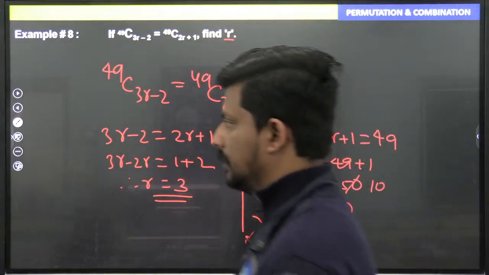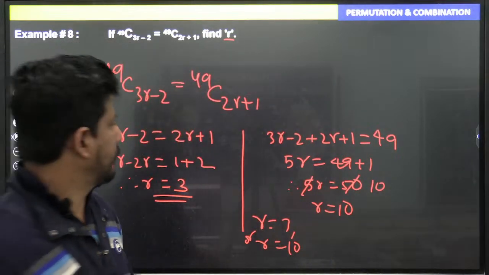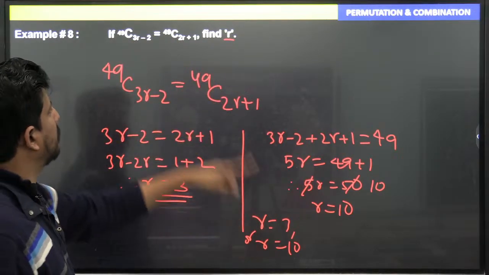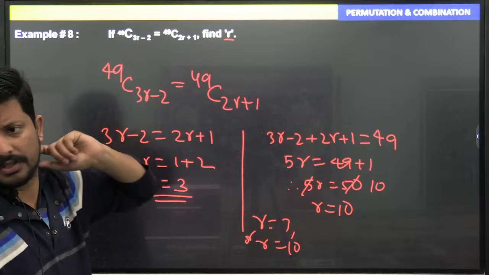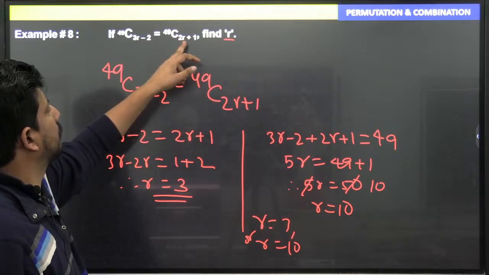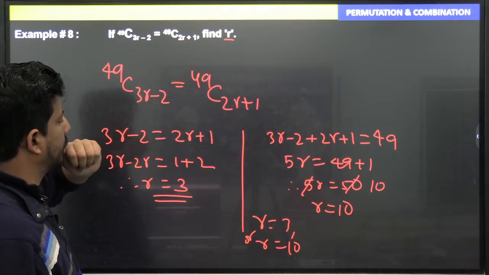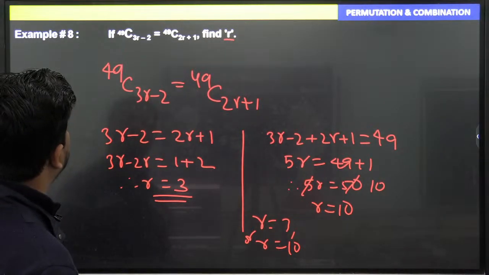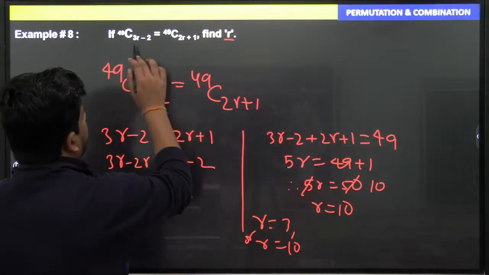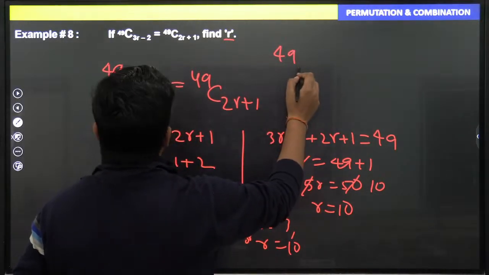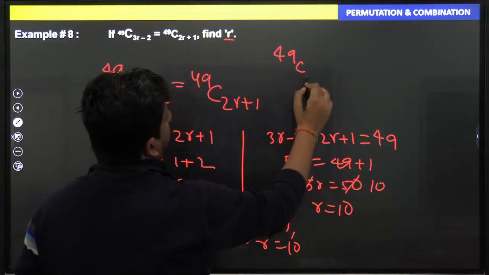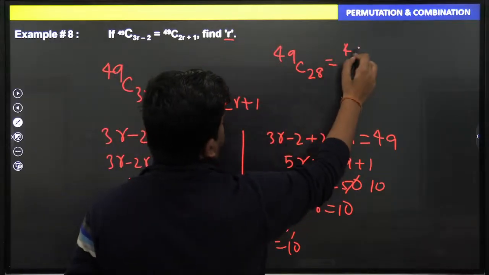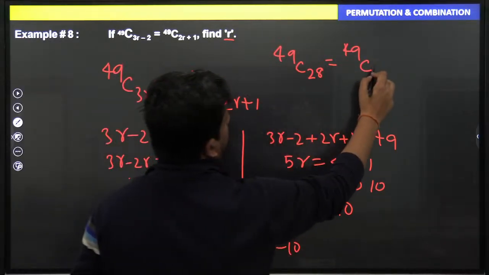Now you can see that if you put 3 here, this becomes 49C7 and this becomes 49C7. And if you put 10, then this is 30 minus 2, that is 28, so 49C28, and that is equal to 49C21.